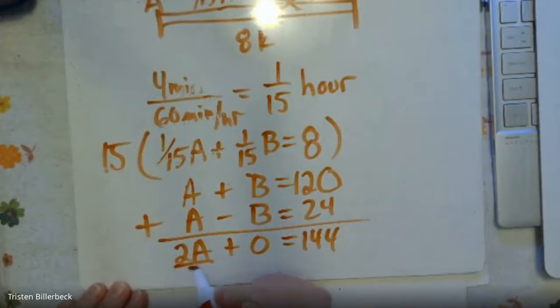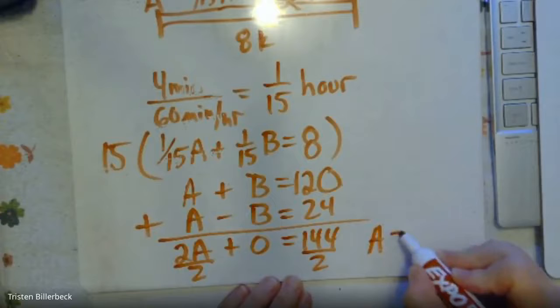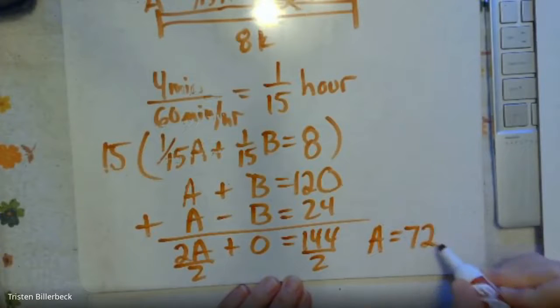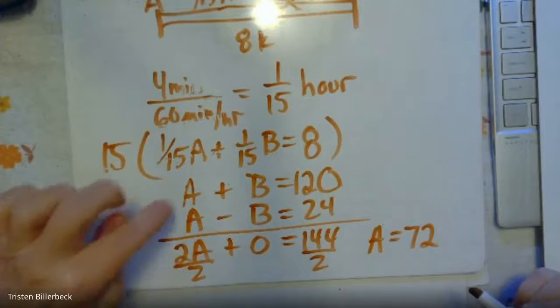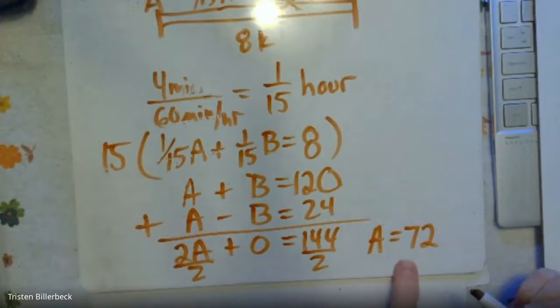So I'm going to divide by 2, and that gives me A equals 72. So A is going 72 miles an hour. Okay, so we can choose either one of these equations. These are nicely done, so it's easy to find B. So we don't want to do anything that's hard.